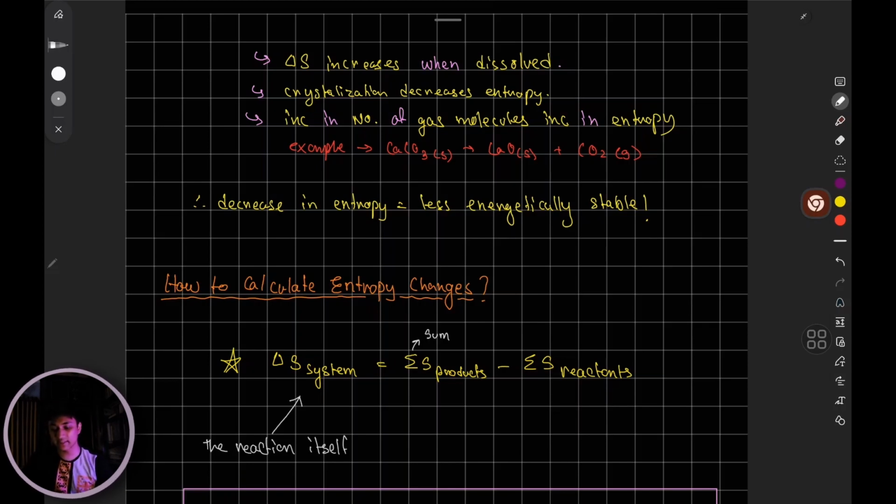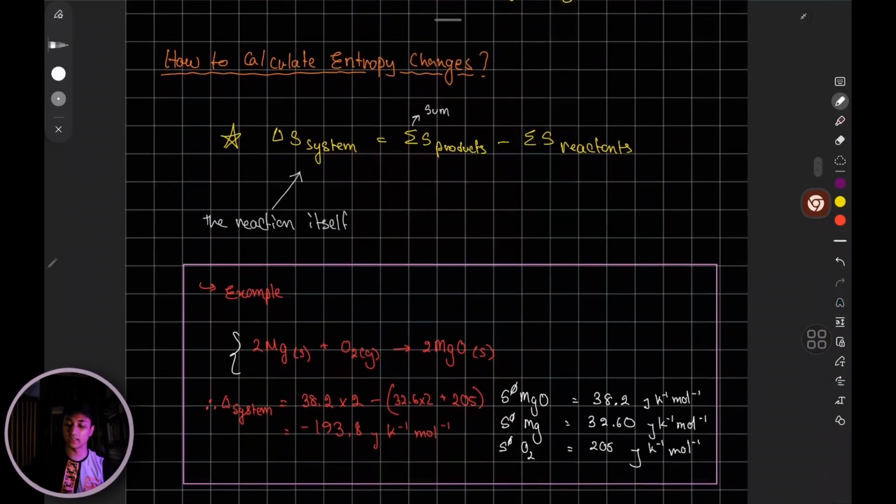So, in our case, we found out that del S over here is positive. Therefore, this reaction is likely to happen. However, we're going to see that in all reactions, your entropy does not need to increase.